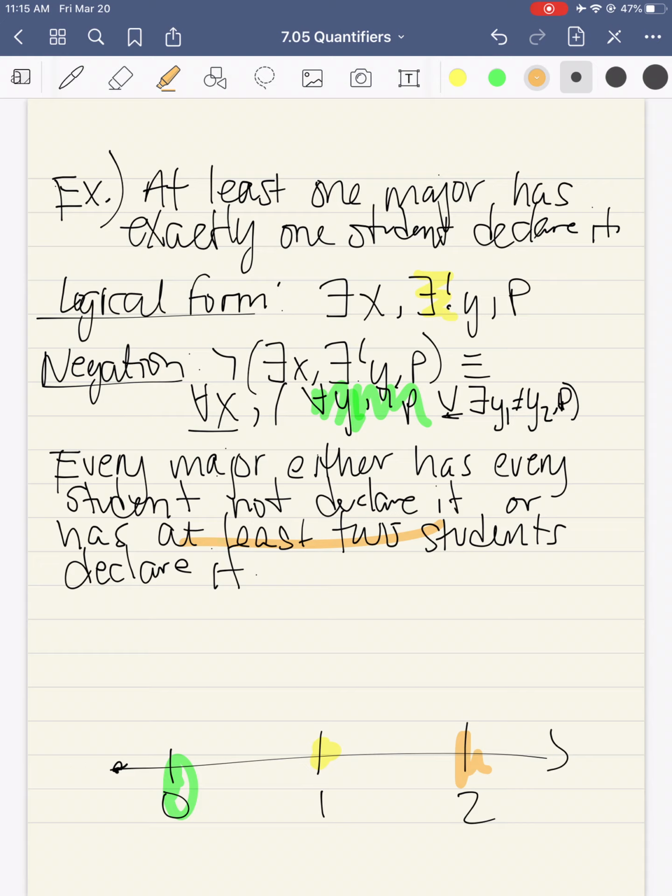So that's why we have these 2 statements going on, the or here. Let me erase this line so that you don't think that that's an exclusive or. Let me be careful with my notation. That was just emphasizing the or here. So either nobody declares it, or at least 2 people declare it. So that's the opposite of our one person declaring it.